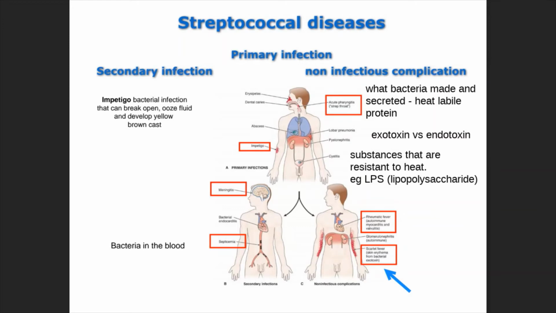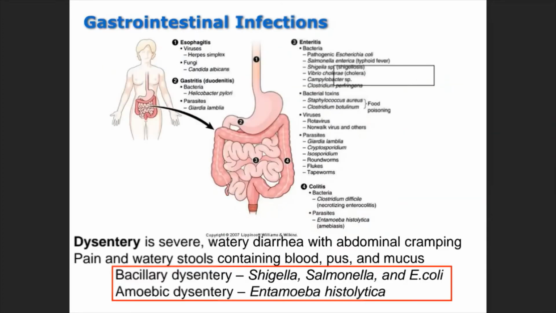Okay, so not just strep, but other gram-negative bacteria can develop septicemia, and when they die, they produce this endotoxin. So note the difference between endotoxin versus exotoxin. Okay.